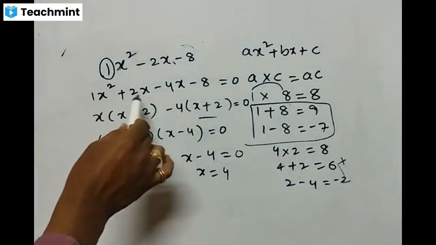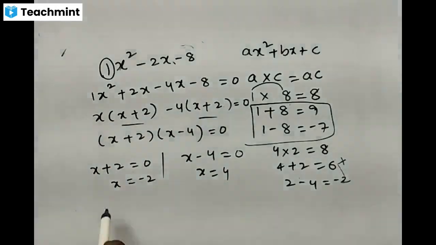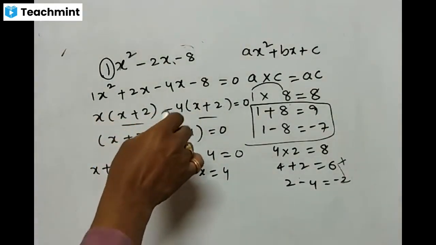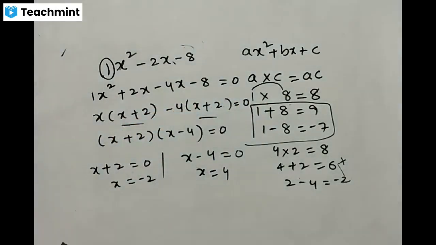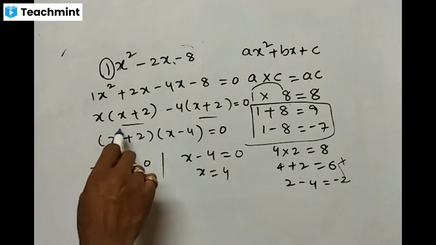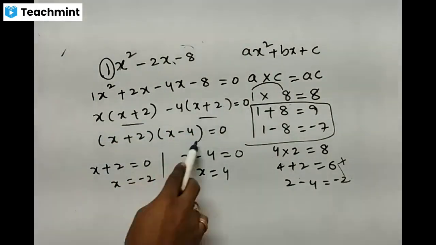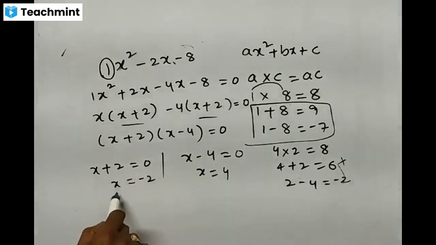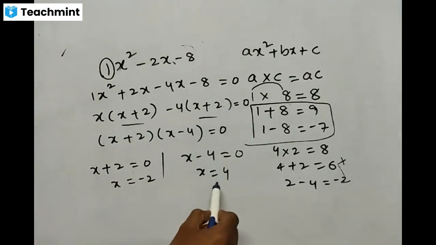1x square plus 2x minus 4x minus 8 is equal to 0. Take x common: x plus 2. Take minus 4 common: x plus 2. x plus 2 is common in both. Remaining is x minus 4. x plus 2 into x minus 4 is equal to 0. x plus 2 is equal to 0 means x is equal to -2. x minus 4 is equal to 0 means x is equal to 4.